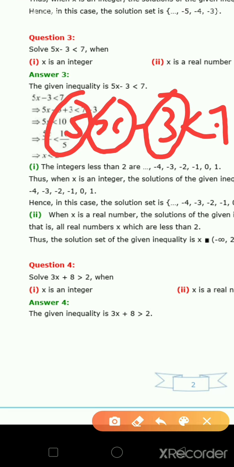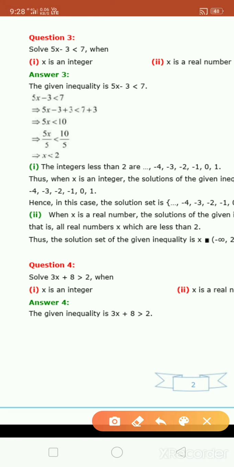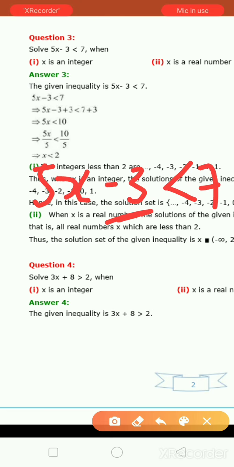First, let us solve the single number that does not contain the variable. Which one? Minus 3. If it is minus 3, you should add 3, then you will get 0. You should make it 0. You can't subtract here.